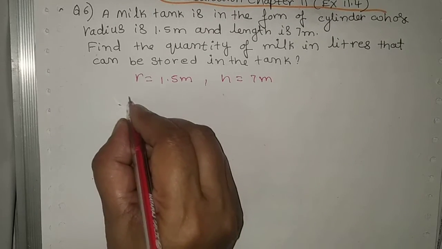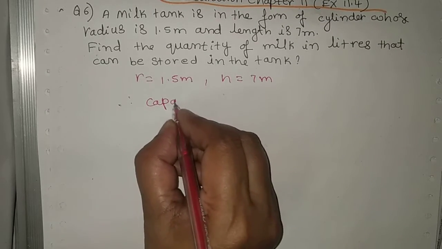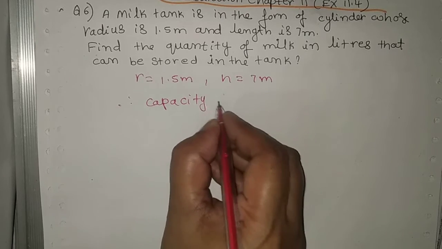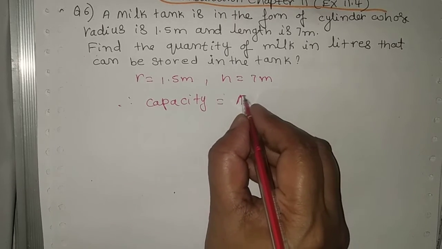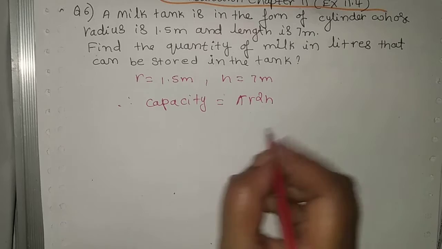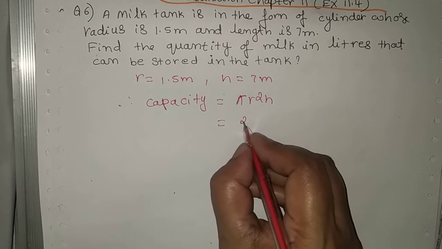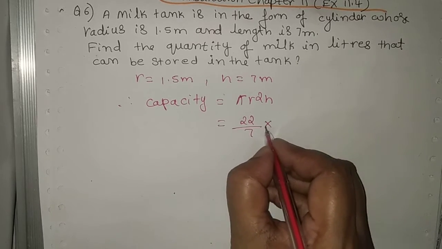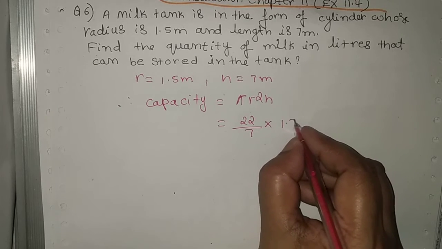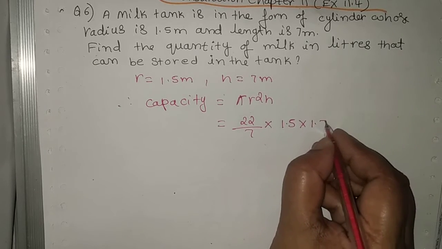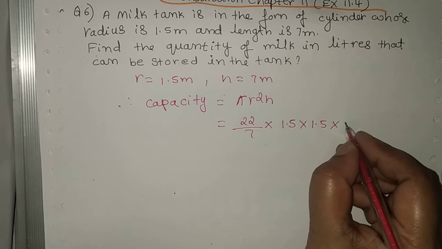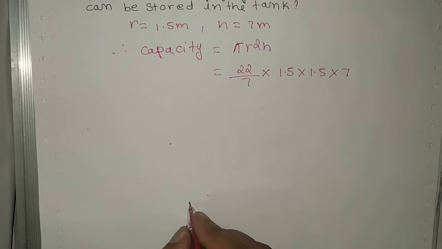So therefore we have capacity. The capacity of the cylinder is given by the formula pi r square h. Therefore we'll substitute here, pi is 22 by 7 into r square, where radius is given by 1.5 into 1.5, height is given by 7 meters.